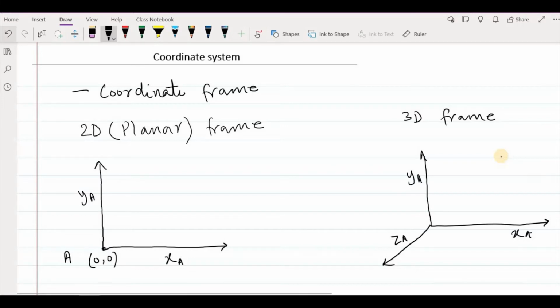Let's call this frame B. So this is an example of a 3D frame in which we have three axes, x-axis, y-axis, and z-axis, and we call this frame B.